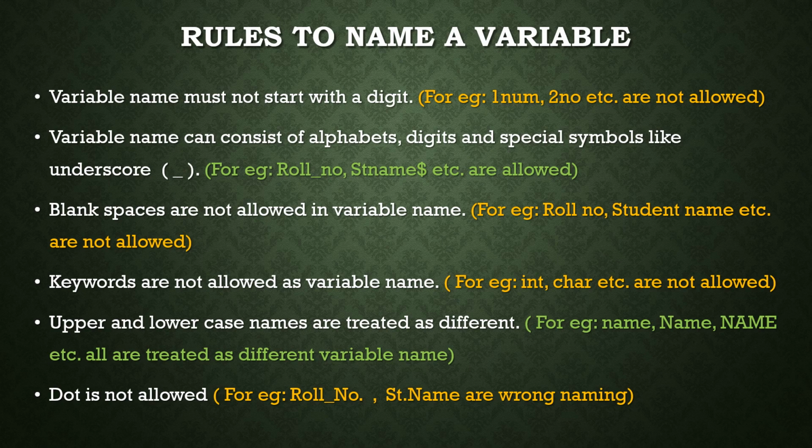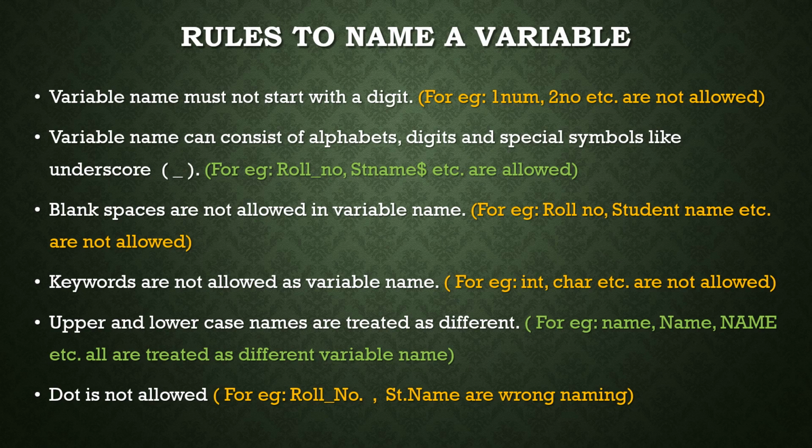For example, roll no, student name. These are not allowed. They will not be accepted as a variable name. But in place of the blank space, you can use an underscore or a dollar symbol.